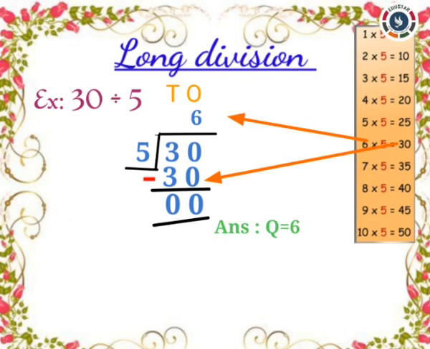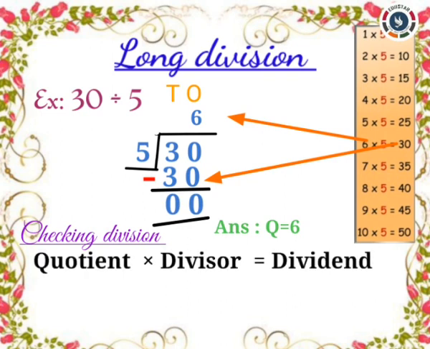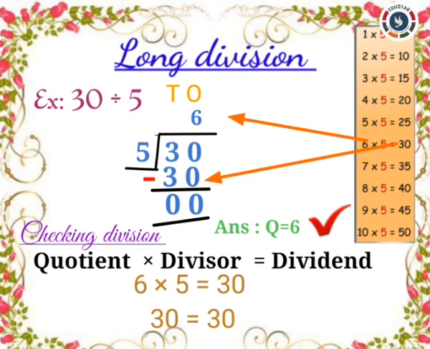We can check in each case if our answer is correct or not by using quotient into divisor is equal to dividend. Here the quotient is 6, divisor is 5, dividend is 30. On multiplying 6 by 5, we will get 30. 30 equal to 30, so our answer is correct.